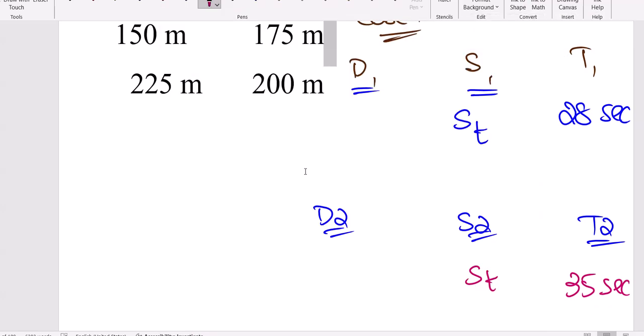When a train is crossing a platform, the distance is the length of the train plus the length of the platform. Why, sir? That will let you know. Why length of the train plus length of the platform?